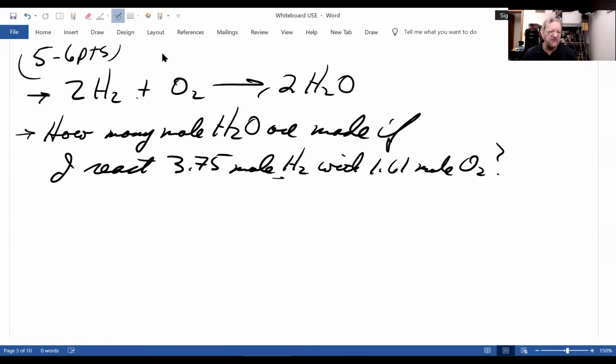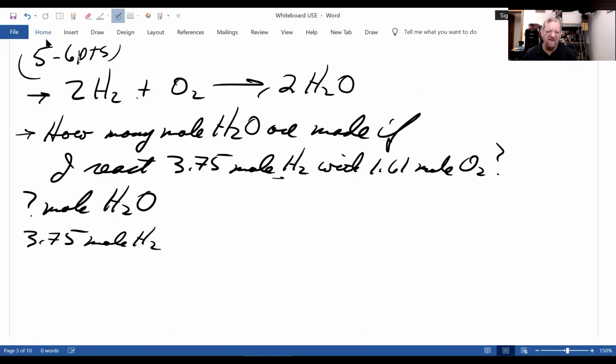So the first question is, what are you trying to find? Moles of water. What are you given? This amount of hydrogen and this amount of oxygen.